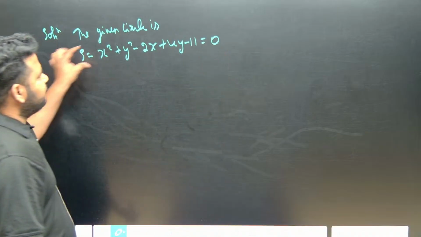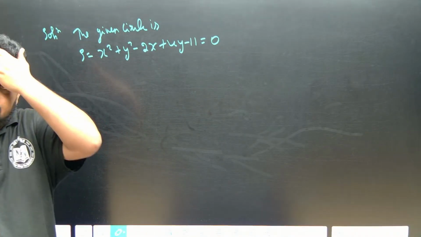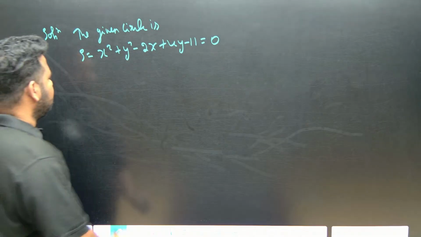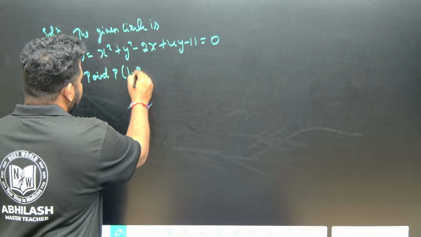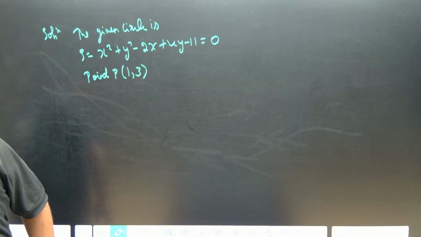We have to find the equation of the pair of tangents to the circle from the given point P, that is (1, 3).